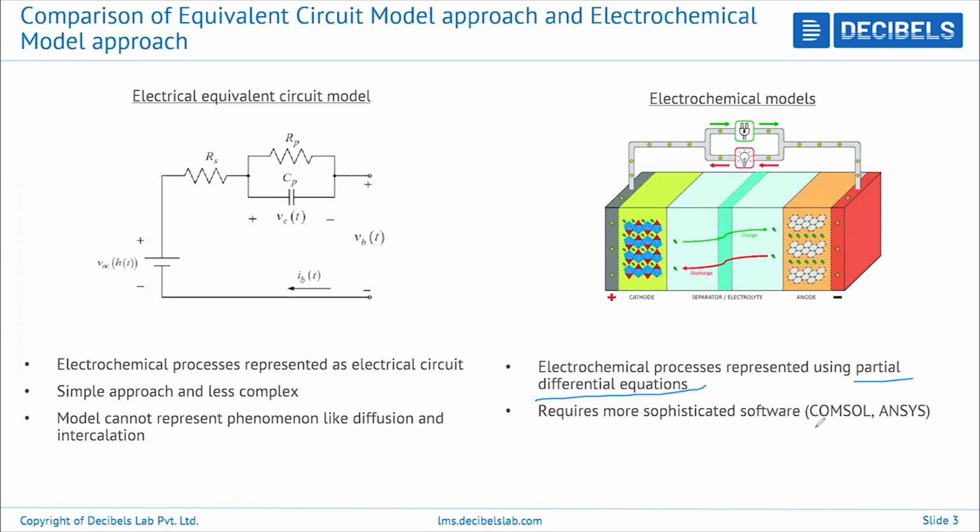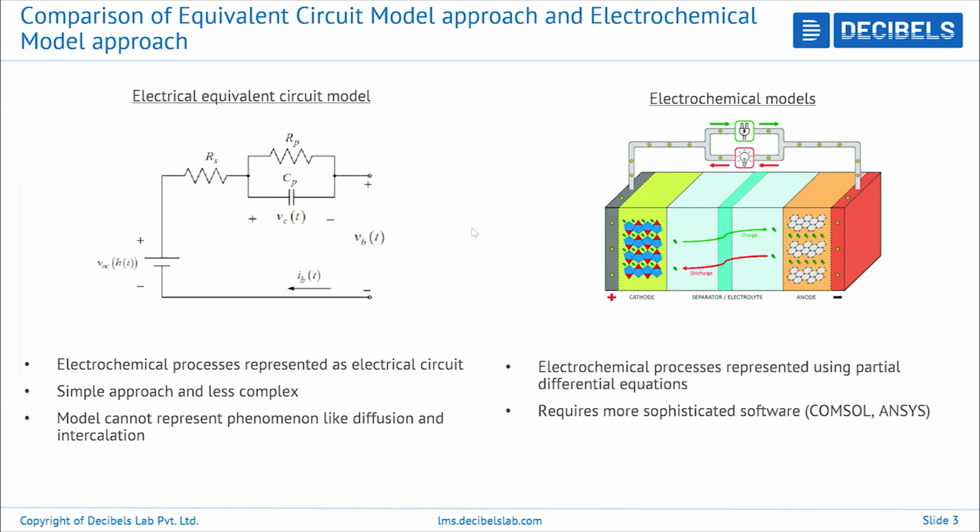But here on the right hand side, it's completely represented using partial differential equations. You can either choose first order or second order partial differential equations based on what kind of model preference you have. And you can't use simple things like, as I told, Excel or MATLAB. You have to have a slightly more sophisticated software bench.